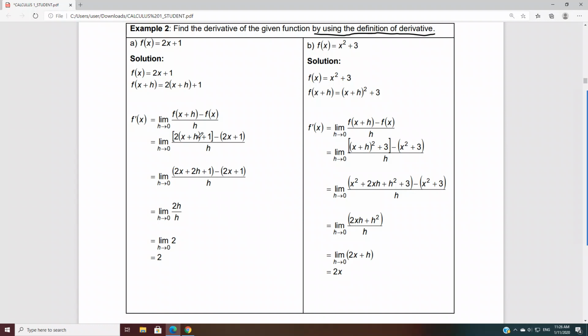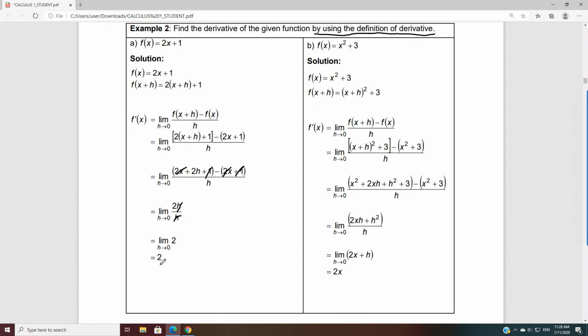Expand this equation, we will have 2x plus 2h plus 1 minus 2x plus 1 over h. Simplify: 2x minus 2x cancel, 1 minus 1 cancel. So we have 2h over h. Simplify, we get the limit of 2.